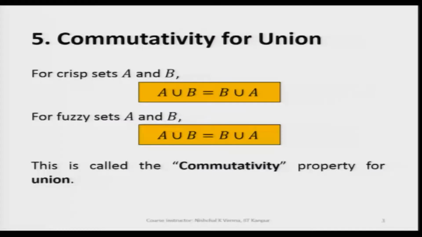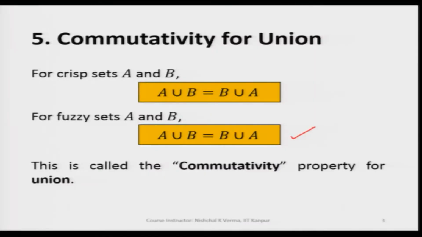So, we will start with the commutativity property. So, as we know, for crisp sets A and B, A union B is equal to B union A, and this is the commutativity property for union. So, let us now see what is happening when we take fuzzy sets instead of crisp sets.